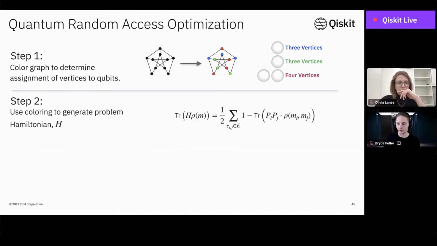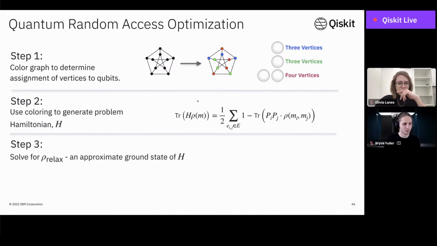This allows us to embed our problem into a Hamiltonian, where we do something very similar to how we took the MaxCut objective function and converted it into a Hamiltonian, where we replaced it with these Pauli Zs. We're just going to be replacing them with other Paulis, and we use the coloring to make sure that none of these pairs of Paulis are on the same qubit.